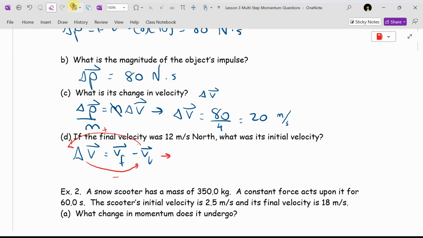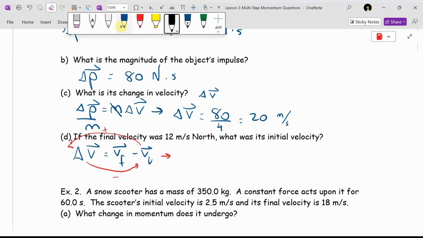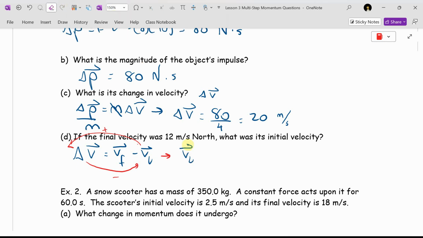When I do that, I'll get VI equals VF minus delta V. Right? What's VF? They told me. Minus, what's delta V? They figured it out. Heck, you might be able to do this in your head or use a calculator. I don't care.